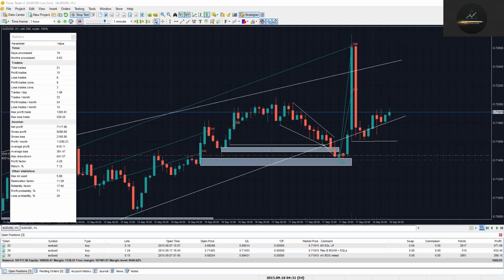So JB, reality check, Aussie dollar is kind of like your last trade currently. Yeah, exactly. You guys have seen me take this trade a few times. You've seen me take this trade on pound yen, you've seen me take this exact same trade on the Aussie, you've seen me take this trade on the Aussie yen.